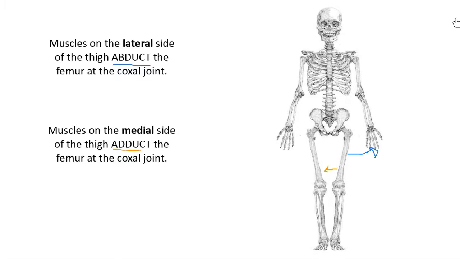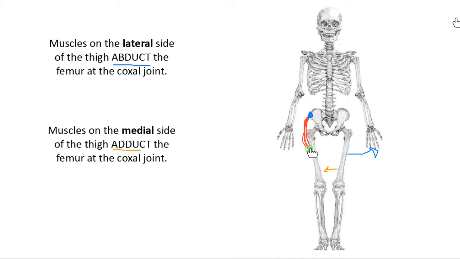Abduction toward the outside. So here's a muscle that lives on the outside of the thigh. This muscle out here is Gluteus Medius, my middle-sized one. Remember that I told you guys that the distal location is always the insertion. So here's my distal location, that's the insertion.